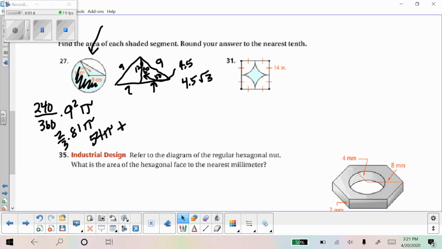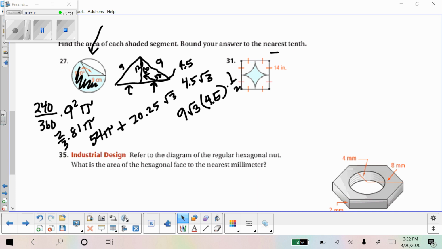And so we've got to double that for the base. So we get 9 times the square root of 3 for the base times the height, which is 4.5 times 1/2. And that equals 20.25 times the square root of 3.